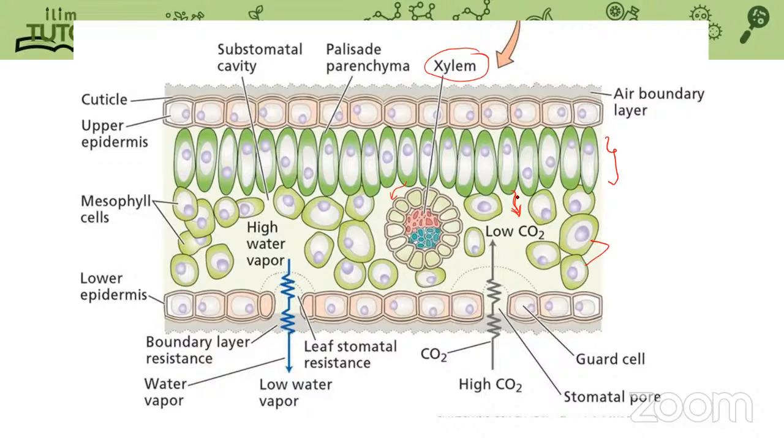So because we have a concentration gradient between the moisture in the air spaces and the environment, we are now going to have diffusion of water from the air spaces into the environment.